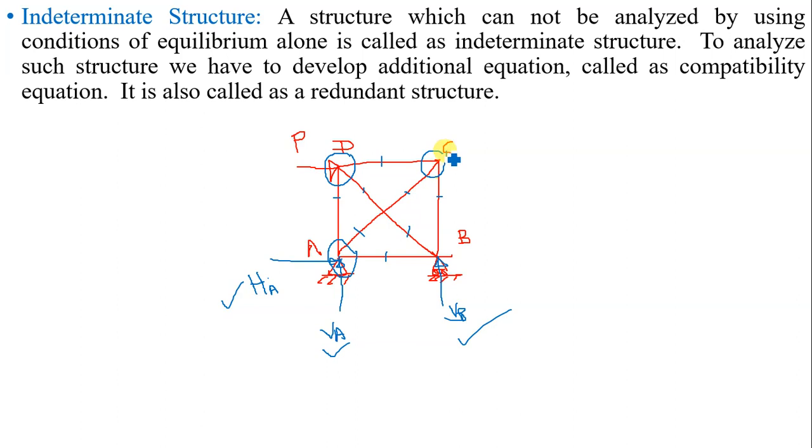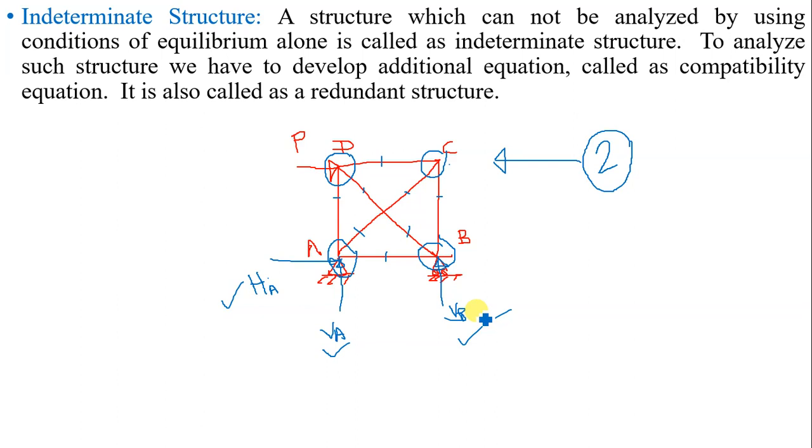At C, three members are there. At B, three members are there. In the method of joints, we can analyze a truss when there are two members connected to each other, meaning when there are two unknowns. But here at each joint there are three unknowns. So the analysis cannot be completed using conditions of equilibrium alone.